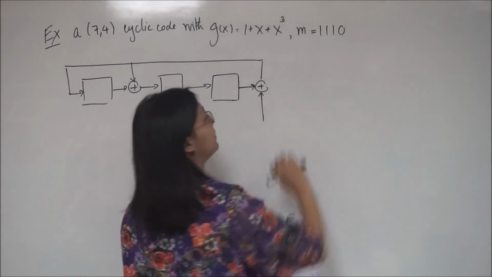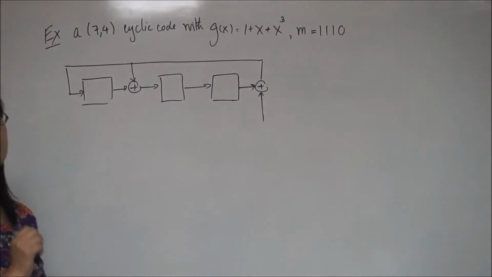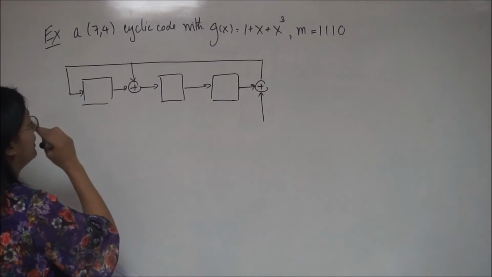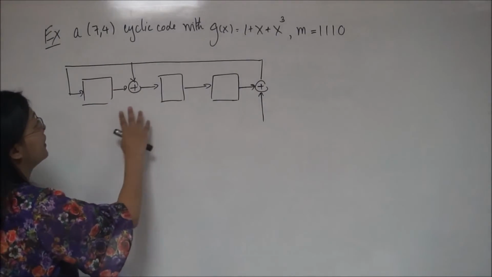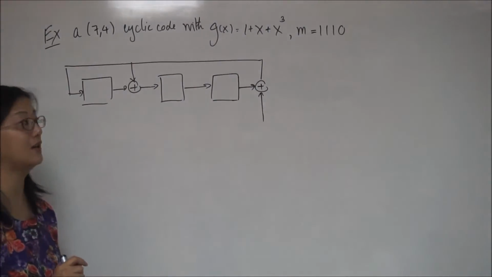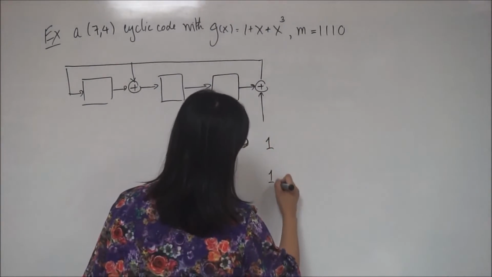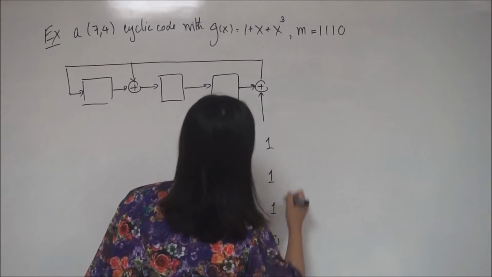So when the last bit comes in, you get 0, 0, 1. These are the check bits, and then you can get the code word.